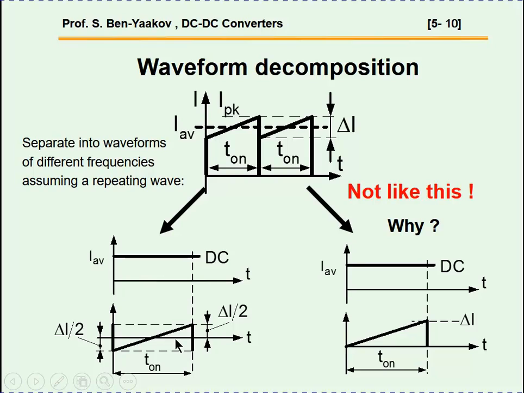If you look at the Fourier decomposition, there are many frequencies, but they don't include 0. You should not decompose it this way because this triangle has DC component, and since we are going to add these two, as we have seen before, you can add them if the frequencies are different. So this is the way to decompose it.